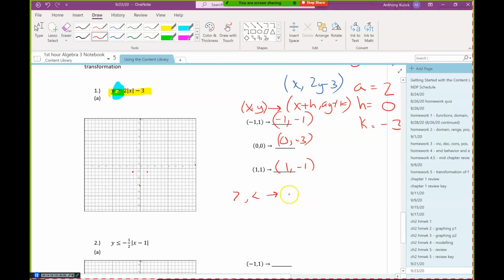If it's a strict inequality, those are dashed. If it's the or equal to inequality, they're solid. So this one should have a dashed line.